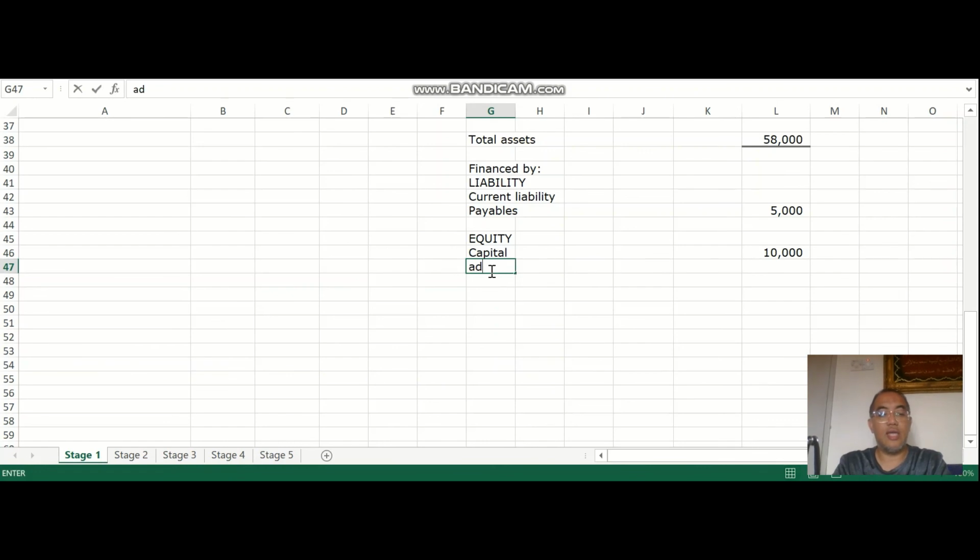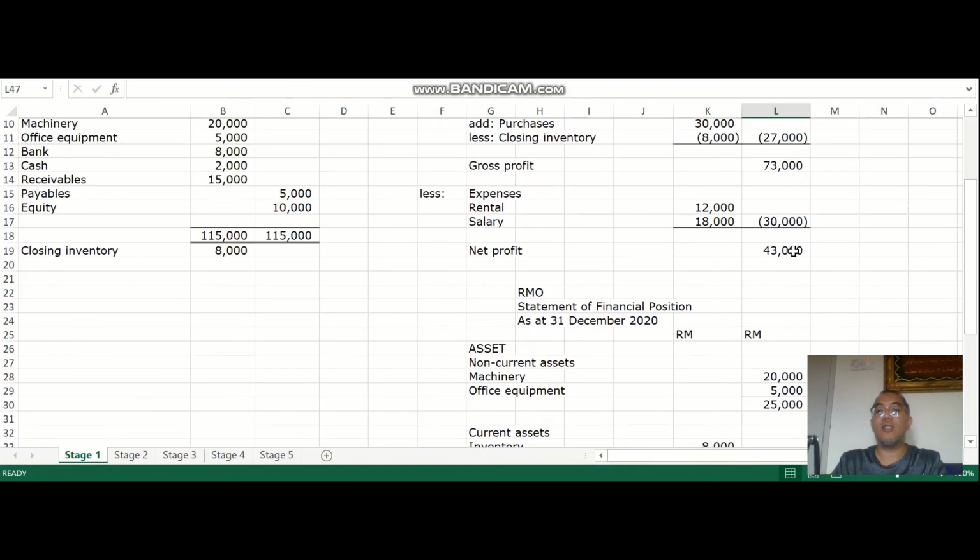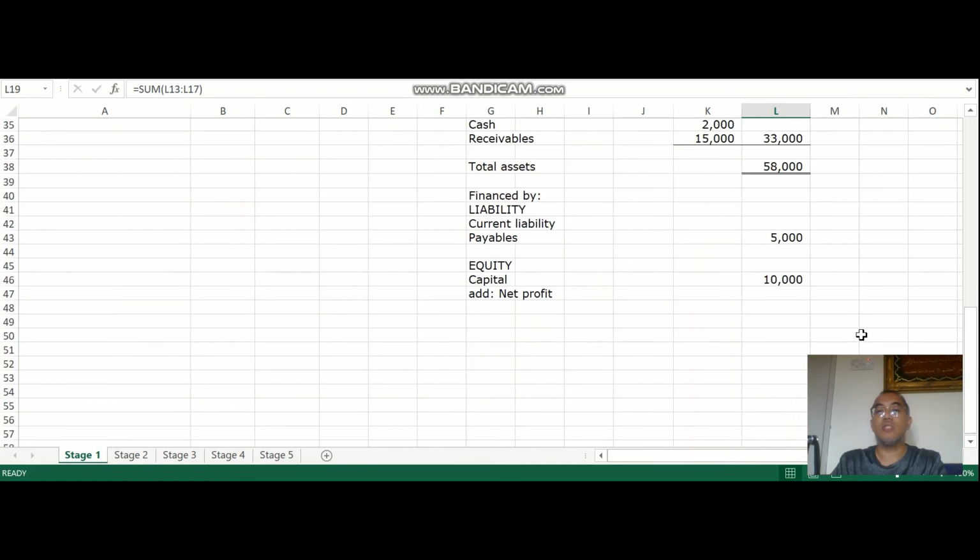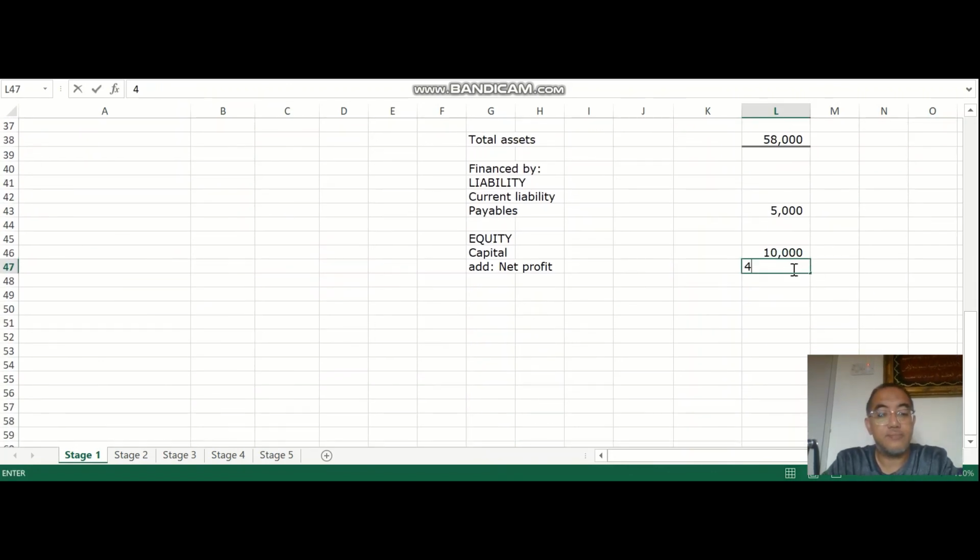And I need to add my net profit that I have calculated just now using our statement of profit and loss. Our equity or our capital is our own money. And of course, when we do our business, we receive some profit, and that profit will increase your capital. So that's why we need to add. So your net profit is 43,000. I just put here 43,000.